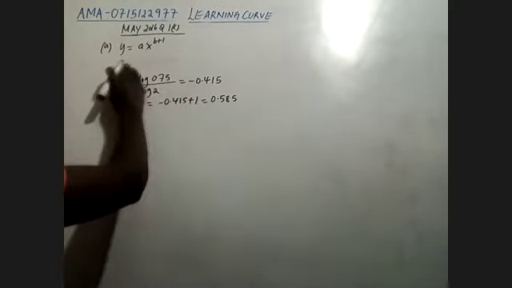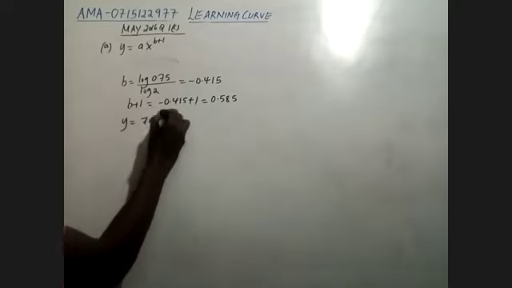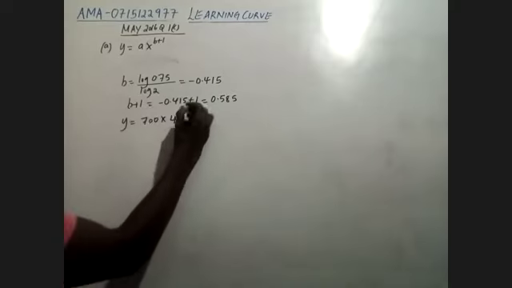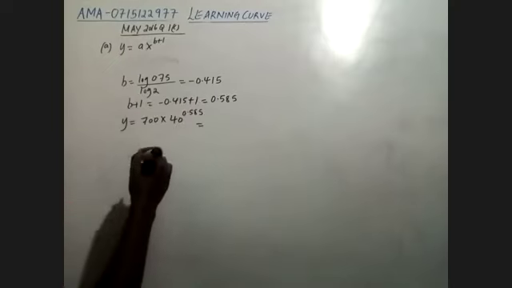Now we can find it hapa. So y will be equal to first unit tumesema ni 700. The one for the 40 units. So 0.585. So that will be in terms of hours. How many hours?